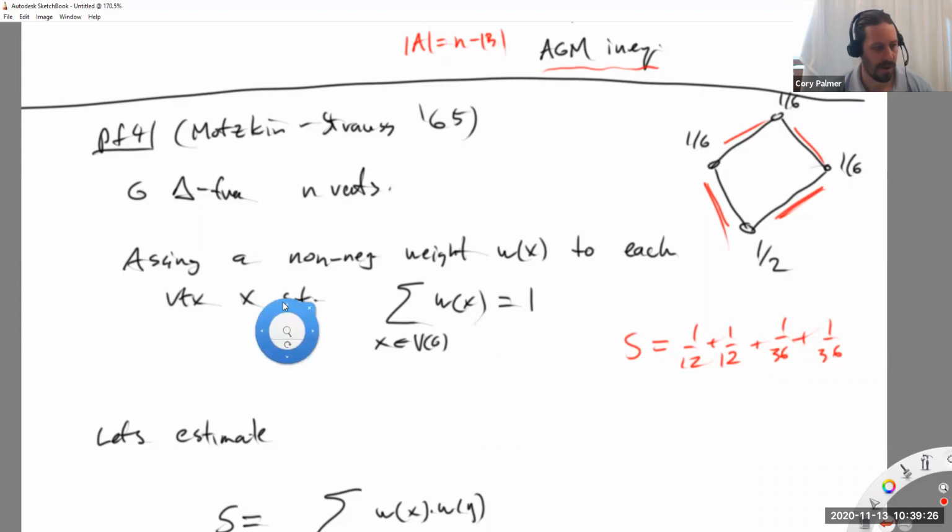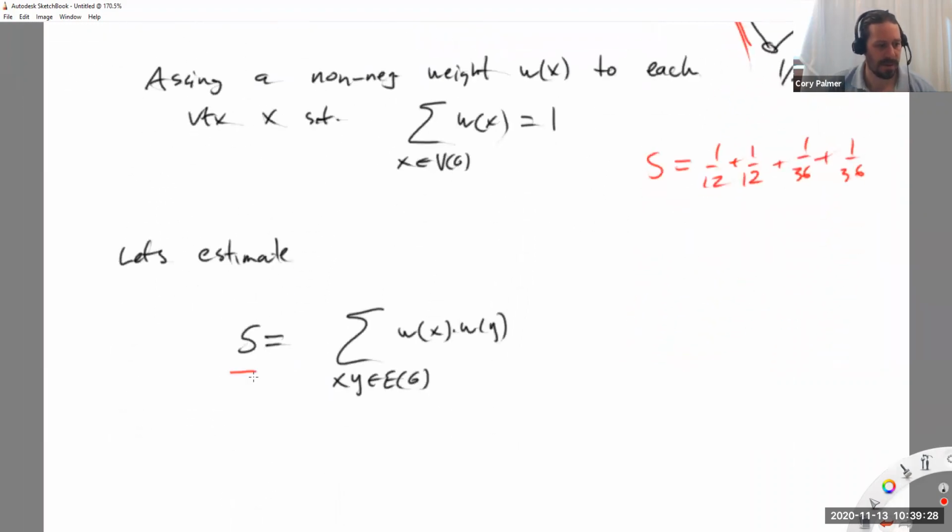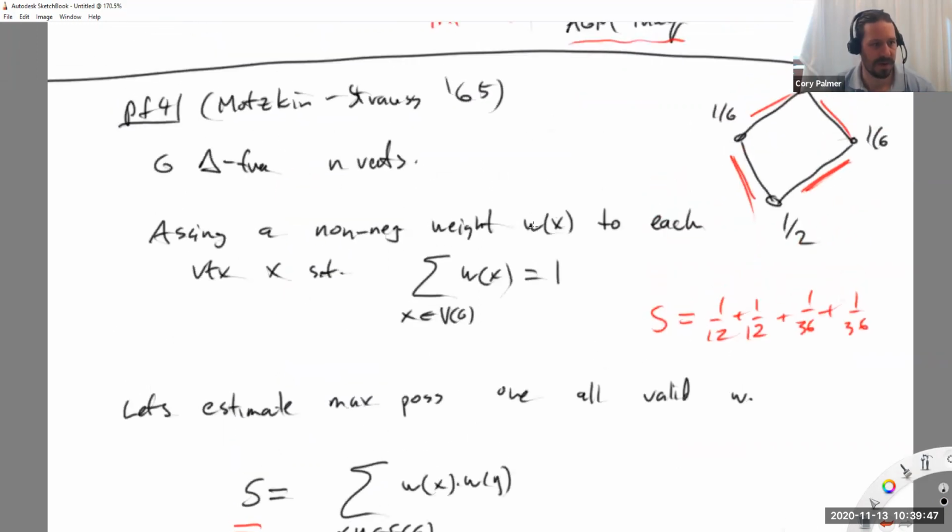And what I want to do now is estimate the biggest that S could be: the max possible S over all valid weight functions. Obviously there are infinitely many ways to assign weights that satisfy this.